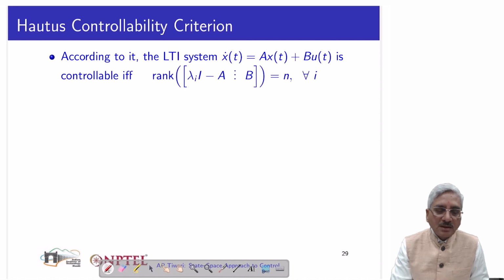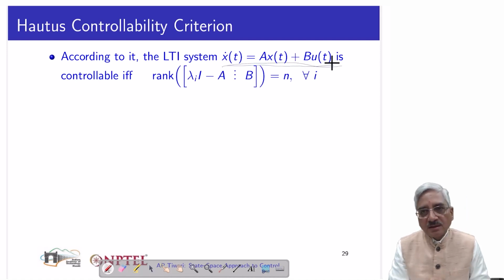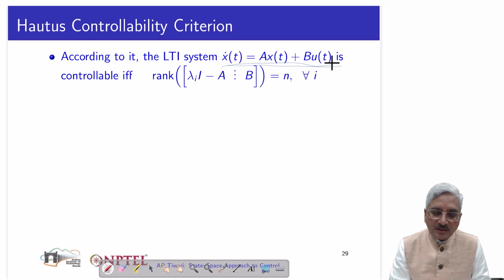Now we can see the ease with which the diagonal representation of the system, and also the Jordan form, helps to identify the controllability. Now this Hautus controllability criterion is also applicable to linear time invariant systems, like the algebraic criterion or Gilbert's criterion were.